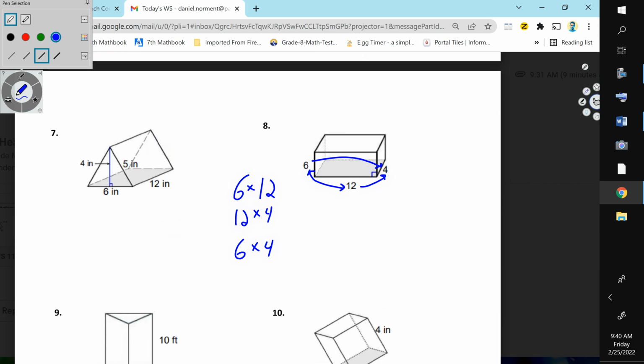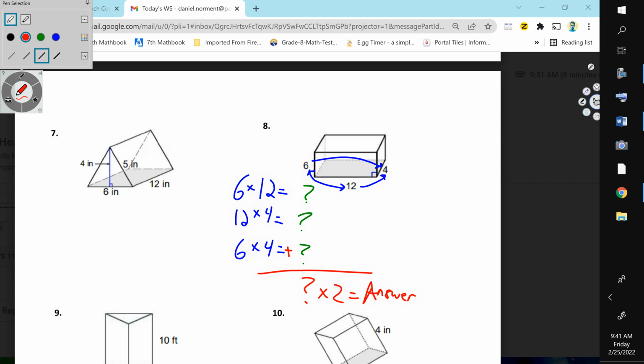And then you're going to get 3 answers. And you're going to take those answers, you're going to add them up. And whatever that gives you, you're going to double it. And that equals the answer. Okay? That's it for number 8. That's all the help you should need.